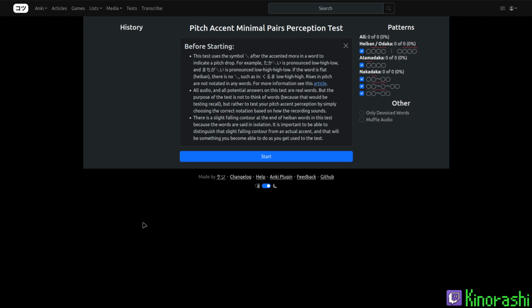If the word is flat, heiban, there is no drop, such as kuruma, yeah, low, high, high, kuruma. It rises in pitch. It's not really flat, but it just stays the same after the initial change.